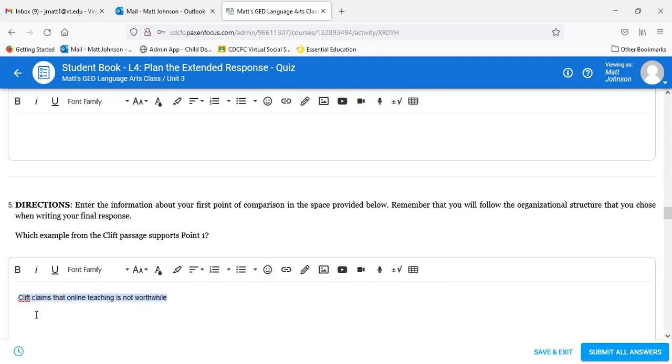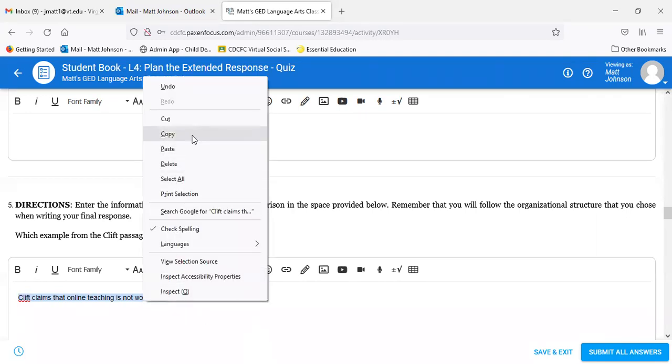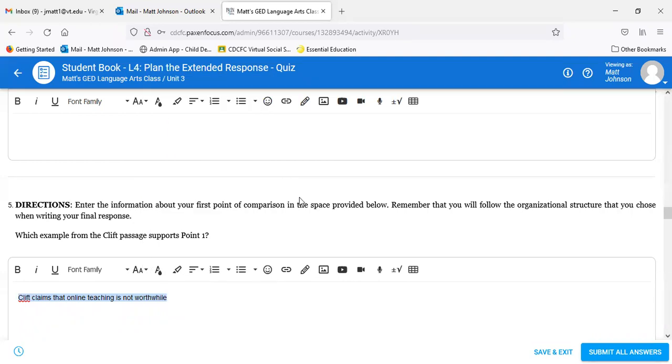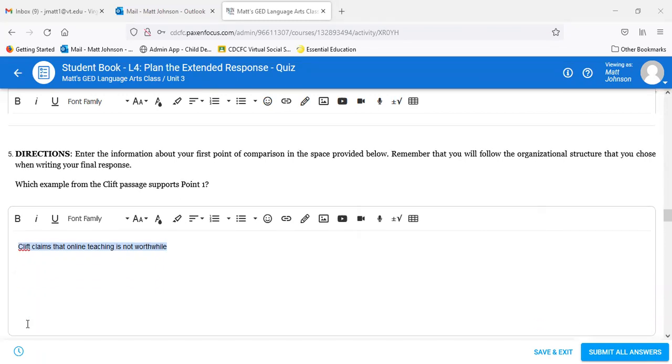And you would continue to flesh this out. This is still building and planning our response. So copy there, paste there. Clift claims that online teaching is not worthwhile.